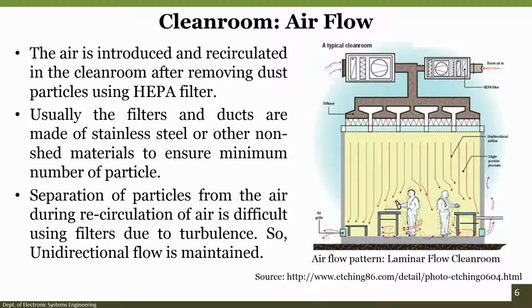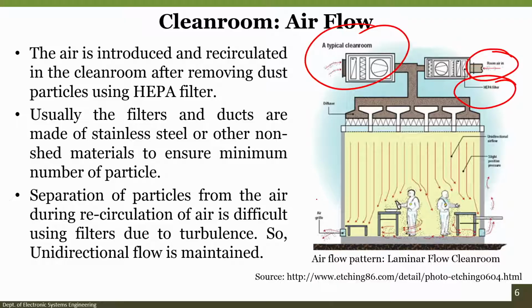You can say that a typical clean room has room air in, there is a HEPA filter, right. It's a typical clean room. This is how the infrastructure is, and you can see that there is a slight positive pressure and there is a unidirectional flow, and this goes out of the clean room.